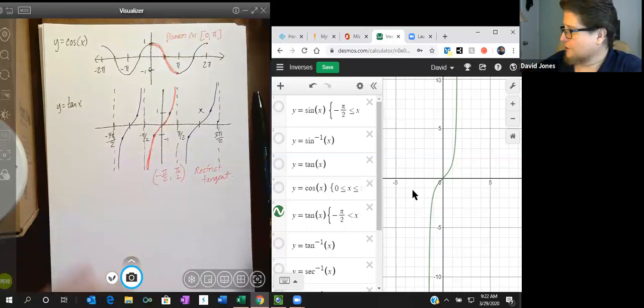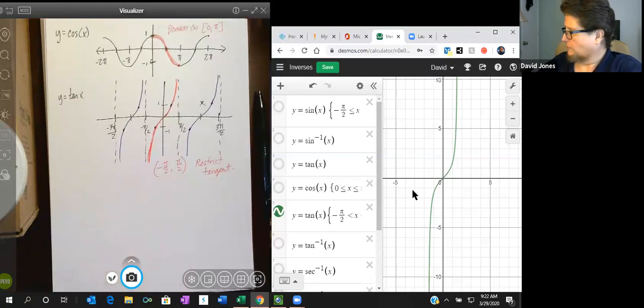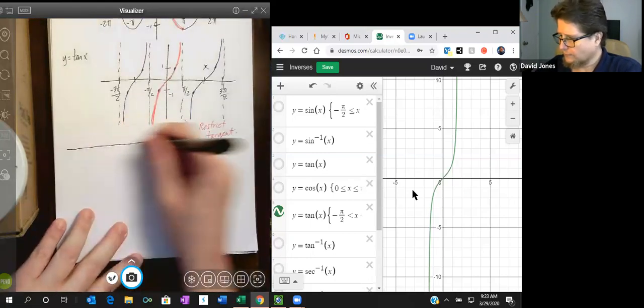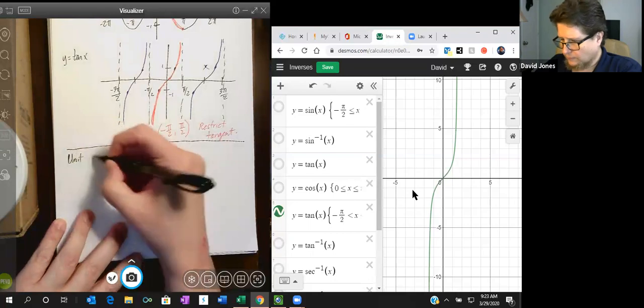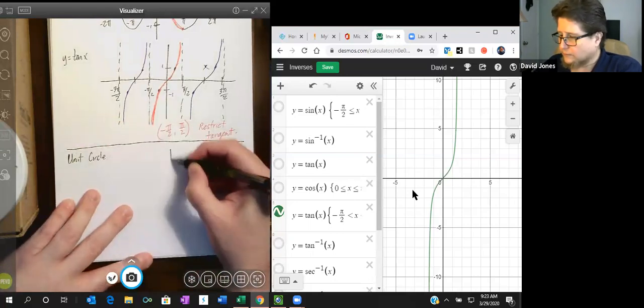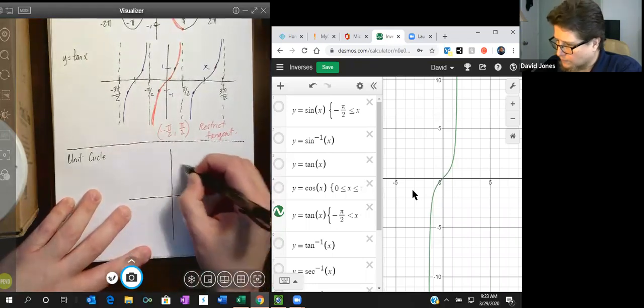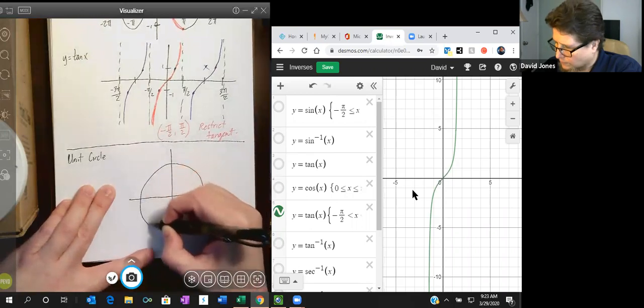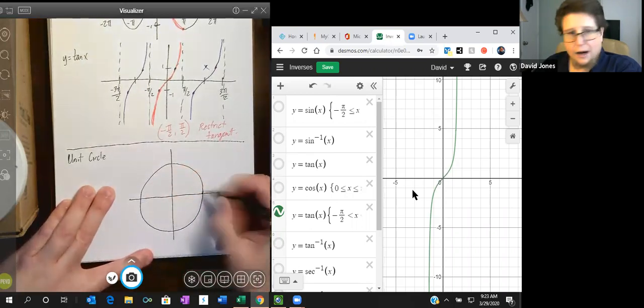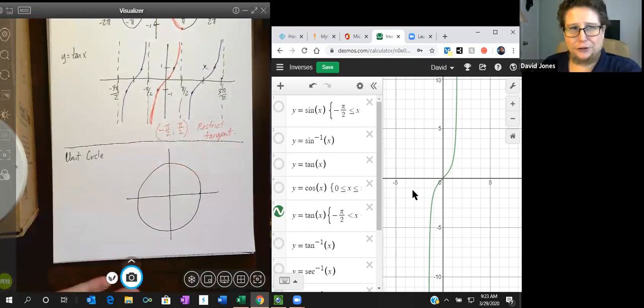Let's start looking at the inverses. Actually, I want to point out another thing for you. You might find it handy. Looking at the unit circle can help. That is not too bad of a freehand circle.